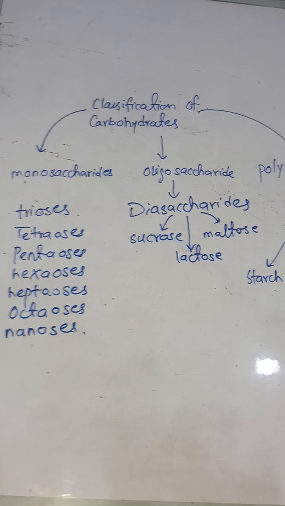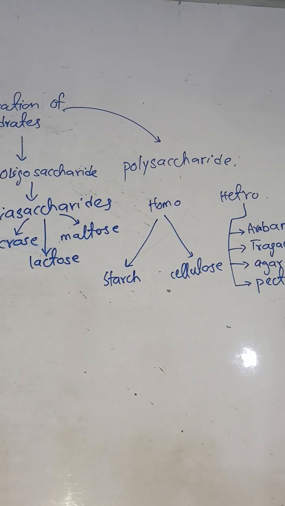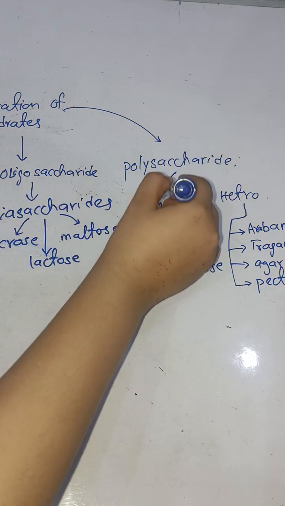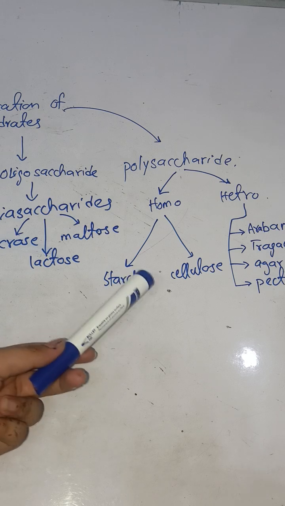The third classification of carbohydrate is the polysaccharide. Polysaccharide is again subdivided into two types, homopolysaccharide and heteropolysaccharide. Homo means all the sugar units are of the same kind, while the heteropolysaccharide contains different units.